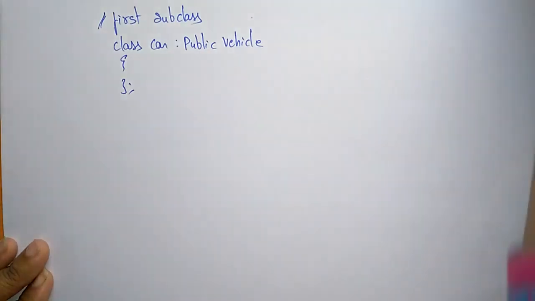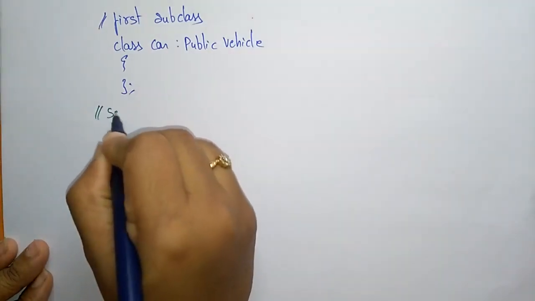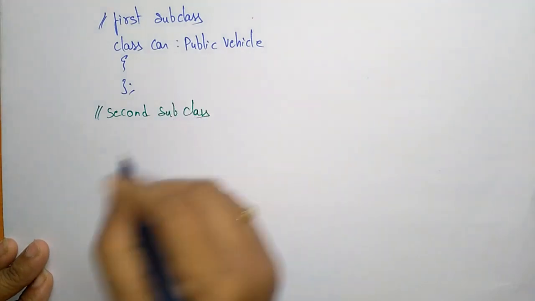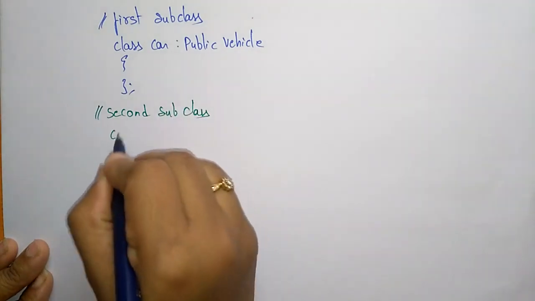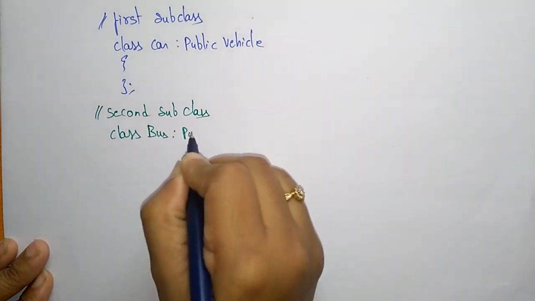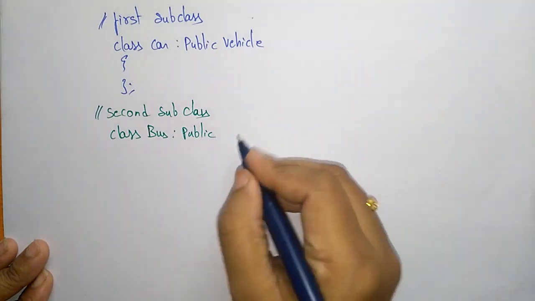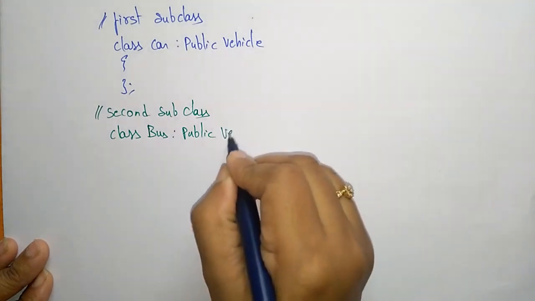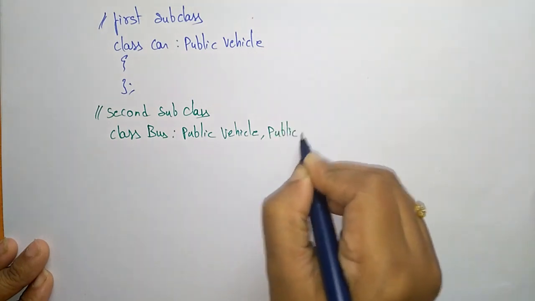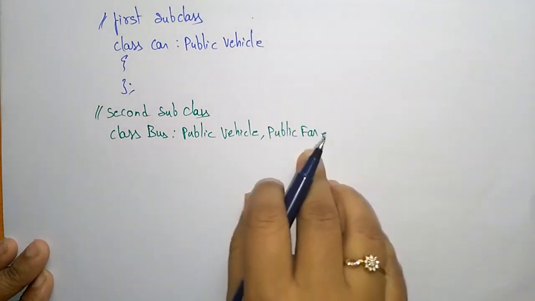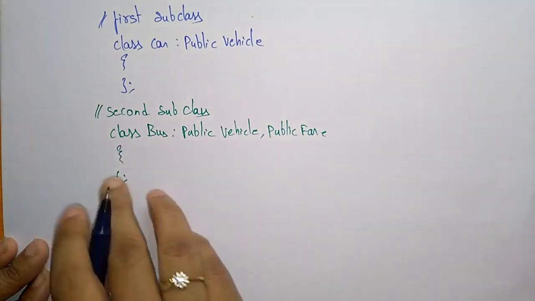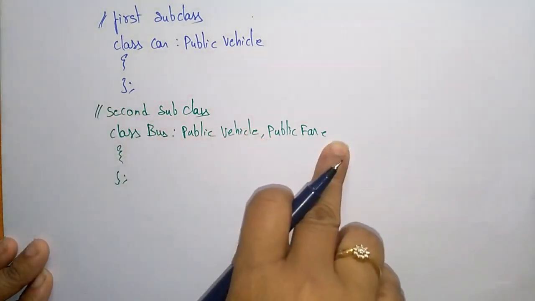Now coming to the second subclass, class Bus. It inherits the properties of public Vehicle as well as public Fare, meaning both the base classes. Here also I am not writing anything because it inherits from two classes.